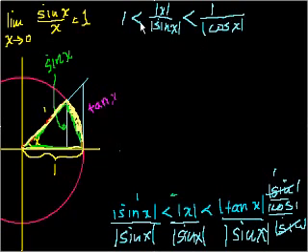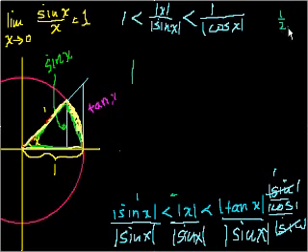So you might feel we're getting close, because this looks a lot like this. It's just inverted. So to get to this, let's invert it. And to invert it, what happens? Well, first of all, what happens when you invert 1? 1 over 1 is just 1. But when you invert both sides of an inequality, you switch the inequality, right? If that doesn't make sense to you, think about this.